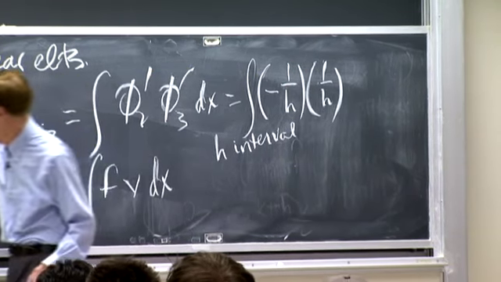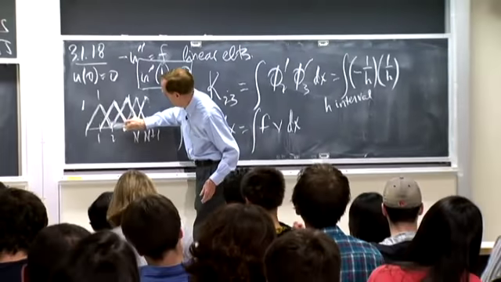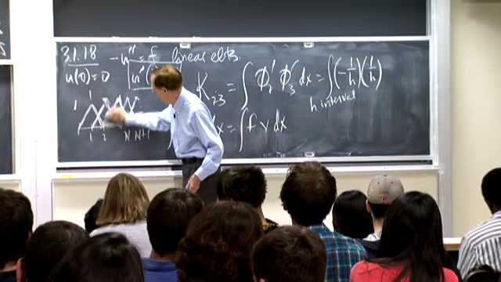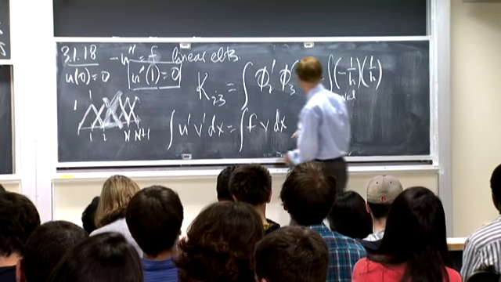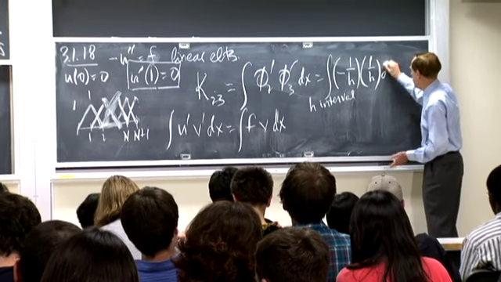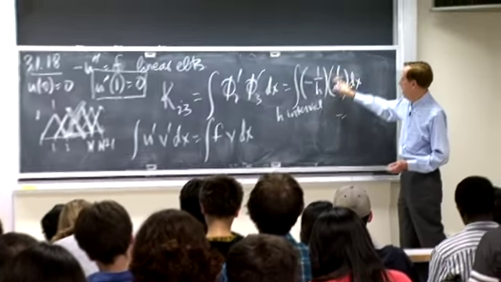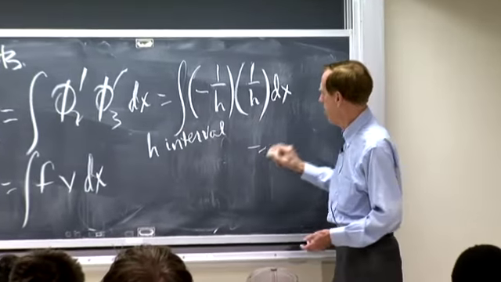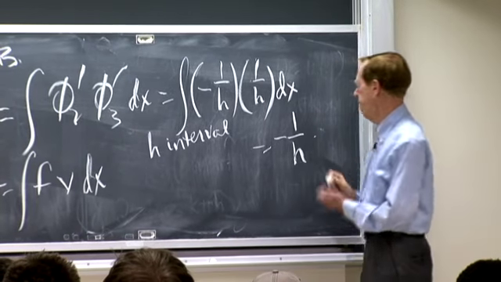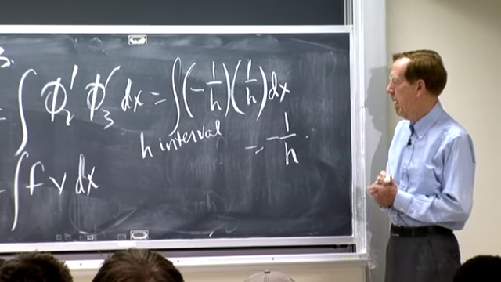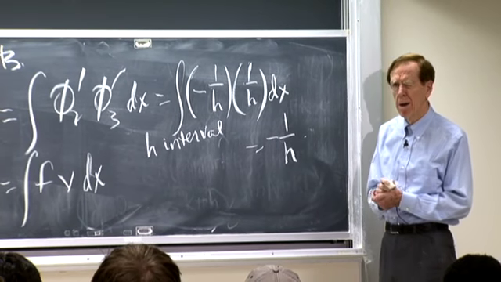The two overlap only here, where this one's coming down and that one's going up. So dx, and the great thing is, of course, we have a constant, so I have minus 1 over h squared times h. I think minus 1 over h. That would be K23.